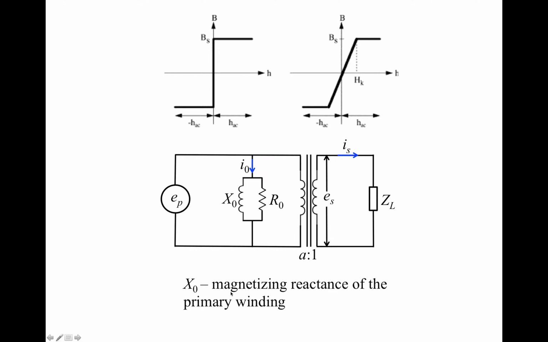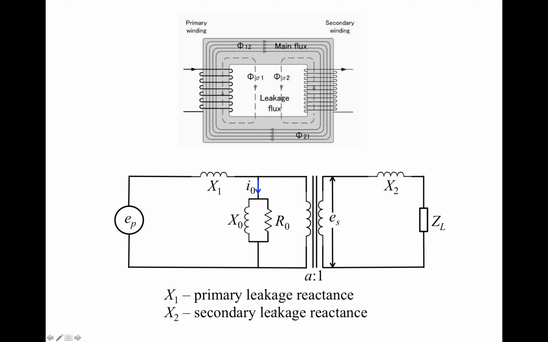And X0 is called the magnetizing reactance of the primary winding. So that's for finite permeability of the core material.